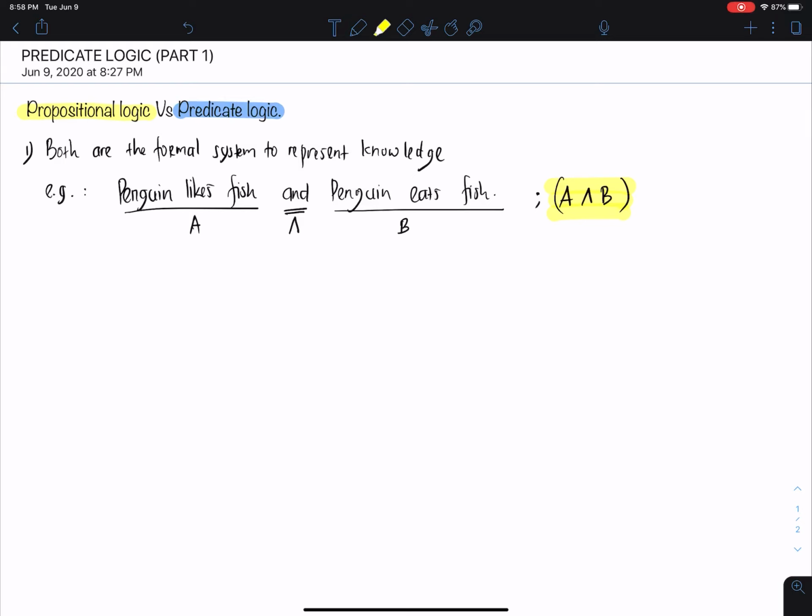There are just two symbols. Because of this problem, we found out that propositional logic is not enough, because the real world system or knowledge is more detailed, which propositional logic doesn't have the function or capability to handle.